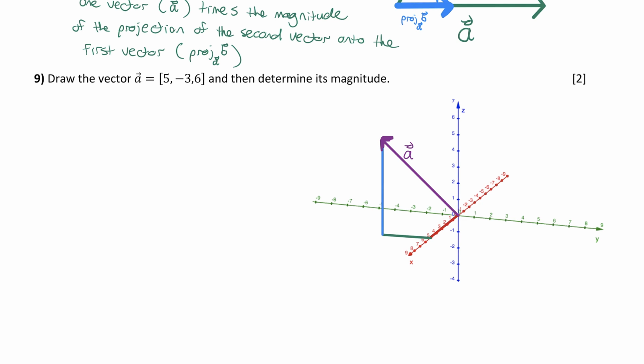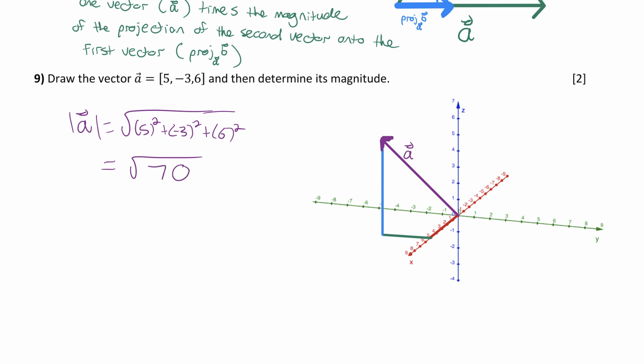I need to find that vector's magnitude. In 3 dimensions, I just do the square root of its components squared. So I've got the square root of 25 plus 9, that's 34, plus 36, 34 plus 36 is 70. So I just have the square root of 70 as its magnitude.